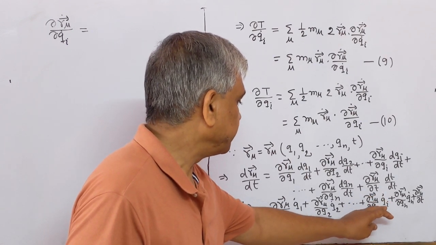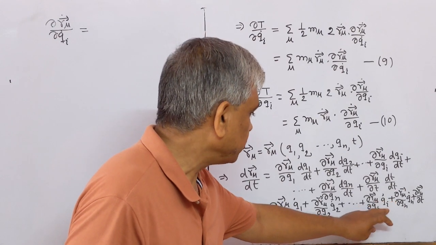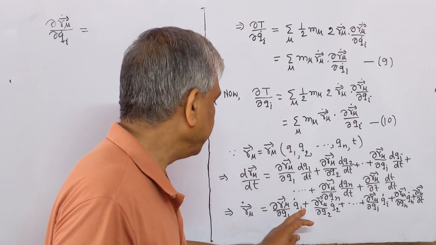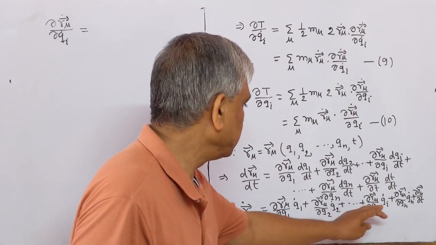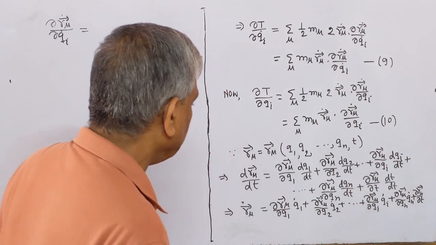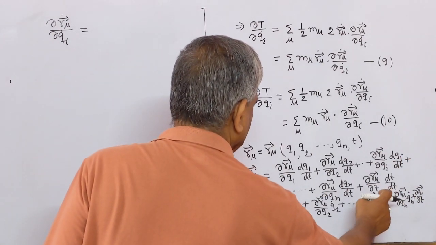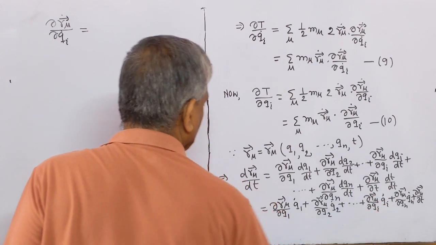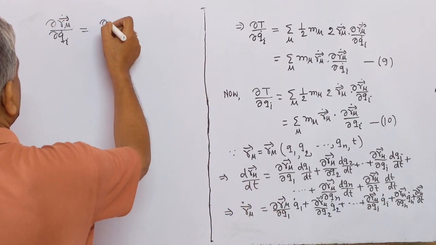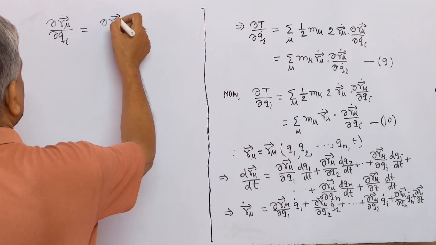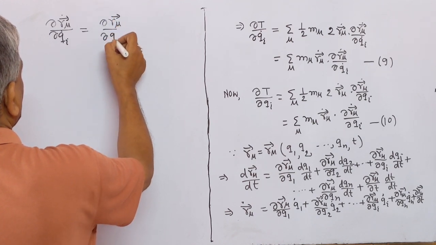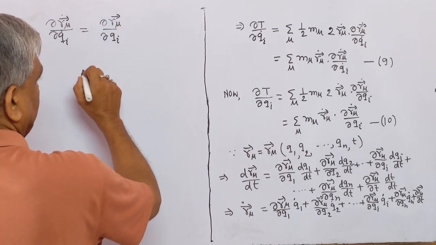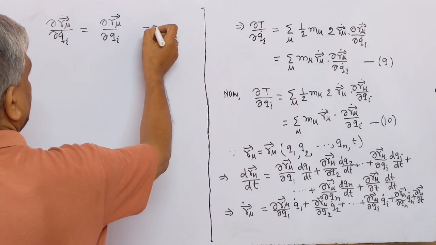Partial derivative with respect to q_i dot of q_i dot gives 1, here 0, here 0, and other terms 0. Only one remains, here partial derivative of r_mu vector with respect to q_i. Let this be number 11.